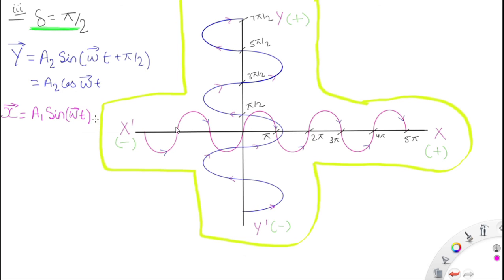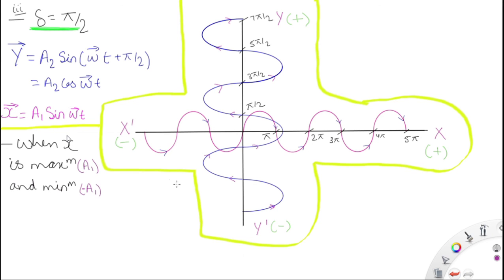Direction is the same, both omega, both in magnitude and direction. So x is a1 sin omega t, only difference is the amplitudes a1 and a2. The rest are same: omega is same, nu is same, T is same. When x is maximum or minimum, then y is equal to 0.